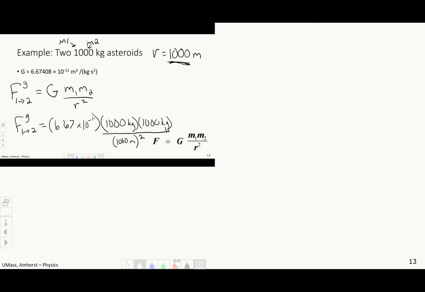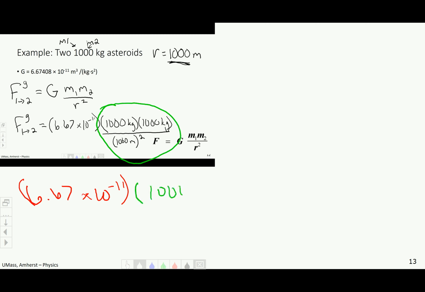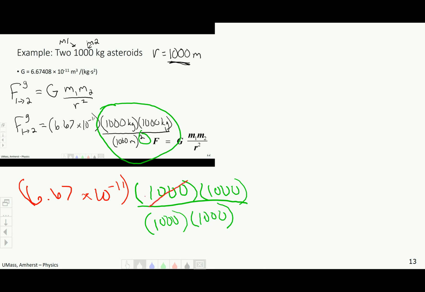So lucky for us, if we break this up, we have 6.67 times 10 to the negative 11th. And then over here, it turns out we have 1,000, 1,000, break up the square, 1,000, 1,000, and these cancel.